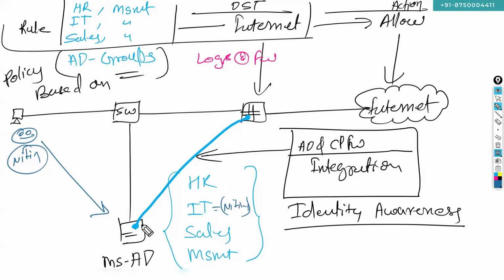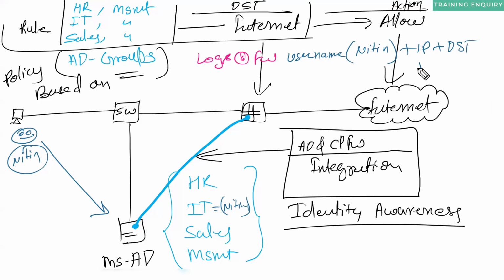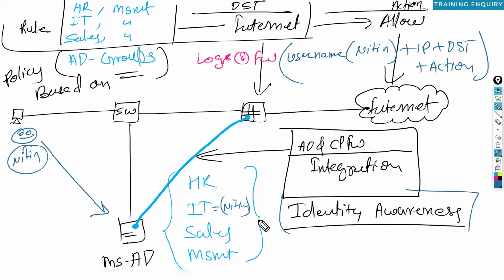Now, this AD will send information to Checkpoint here, and when you see the logs at Checkpoint, you will get the username in the logs, like Nitin, with IP plus destination plus action like this. So this is called identity awareness.